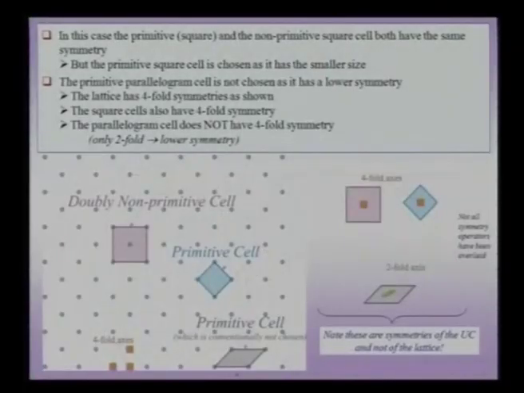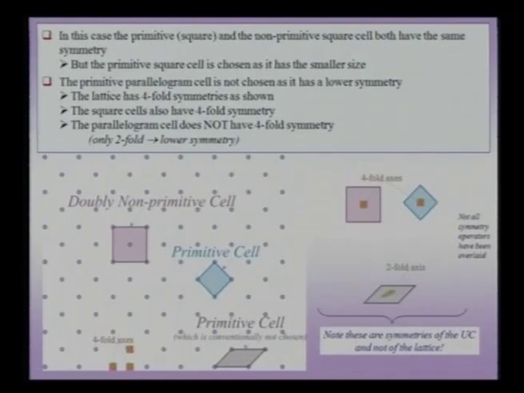In the same case of the square lattice, we could have chosen certain other kinds of non-primitive unit cells, as shown in the figure below, in which case this is a parallelogram unit cell. Clearly this is not a preferred choice, as this parallelogram unit cell only has a two-fold axis at its center, while the other two unit cells have a four-fold axis at the center.